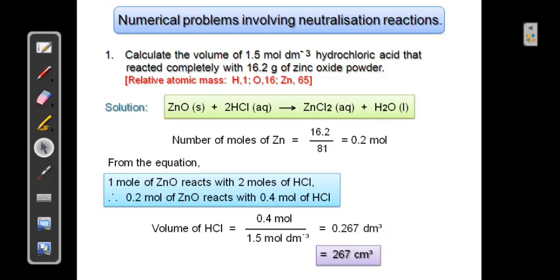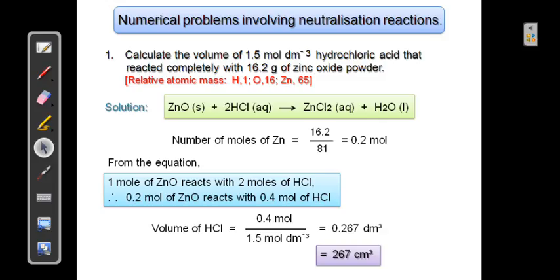That is how much HCl you require, or that can be neutralized by the zinc oxide. So that is how you calculate. Understand the question: calculate the volume of hydrochloric acid that reacts completely with 16.2 grams of zinc oxide powder. So this is the way. Just go through and look at the numbers and try and digest the whole thing. It's quite simple actually, right?